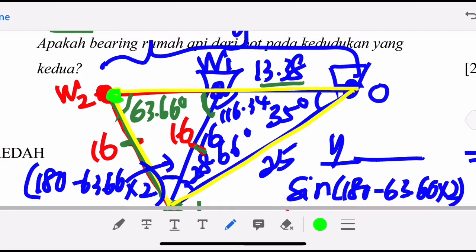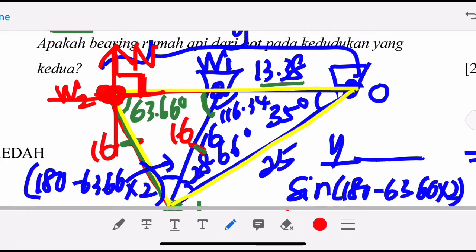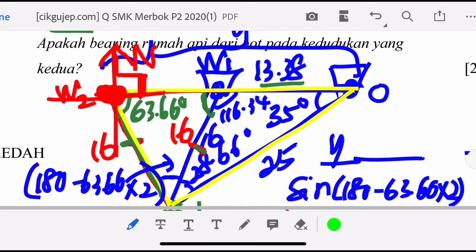I'm going to draw the north because we need to read the bearing. So this is 90, and 90 plus 63.66 will do.